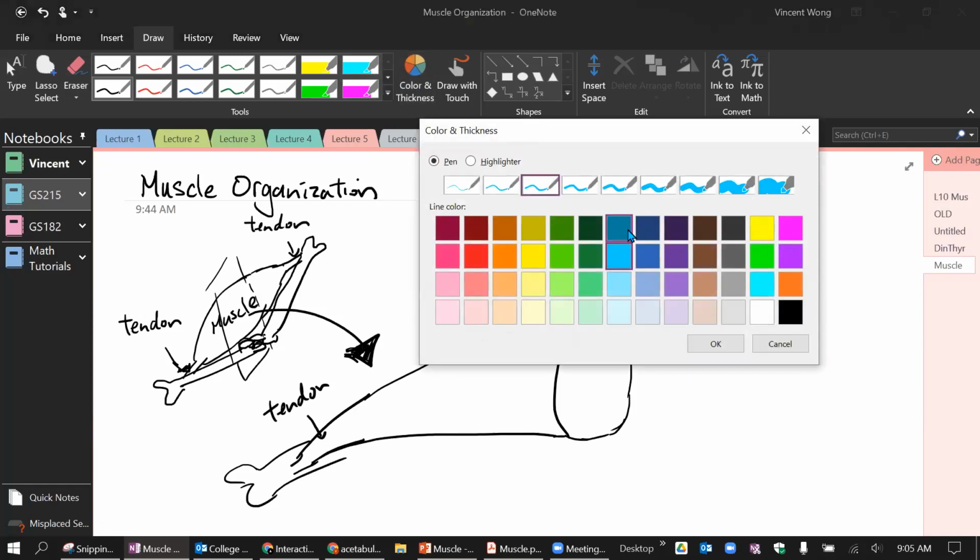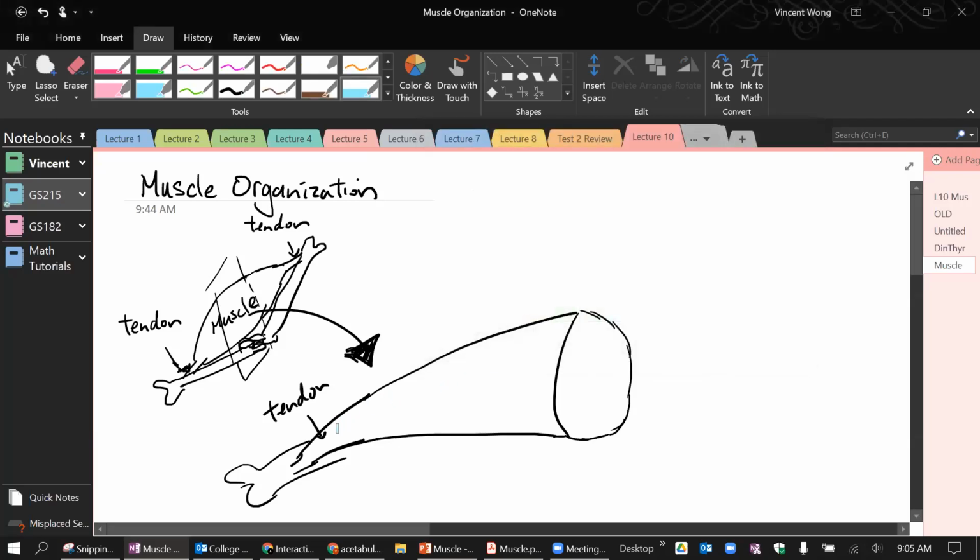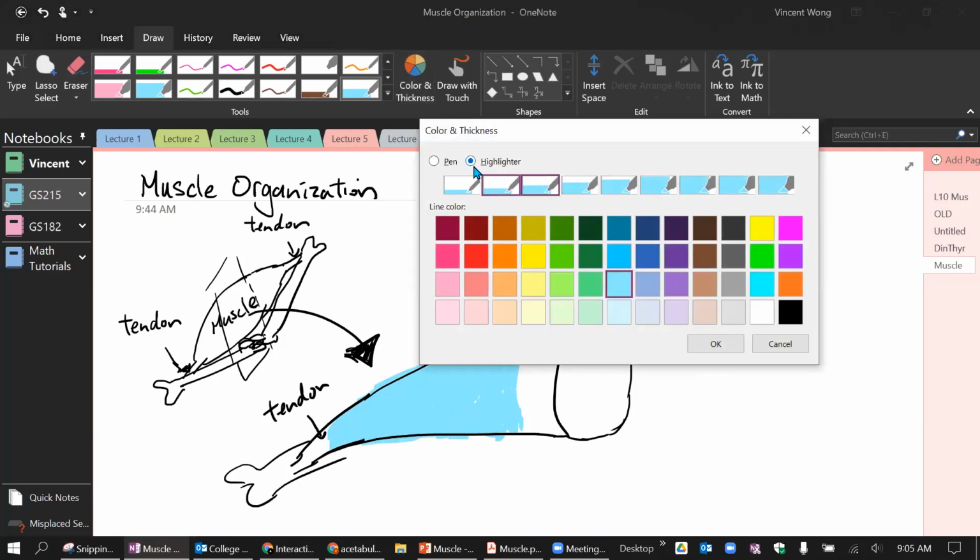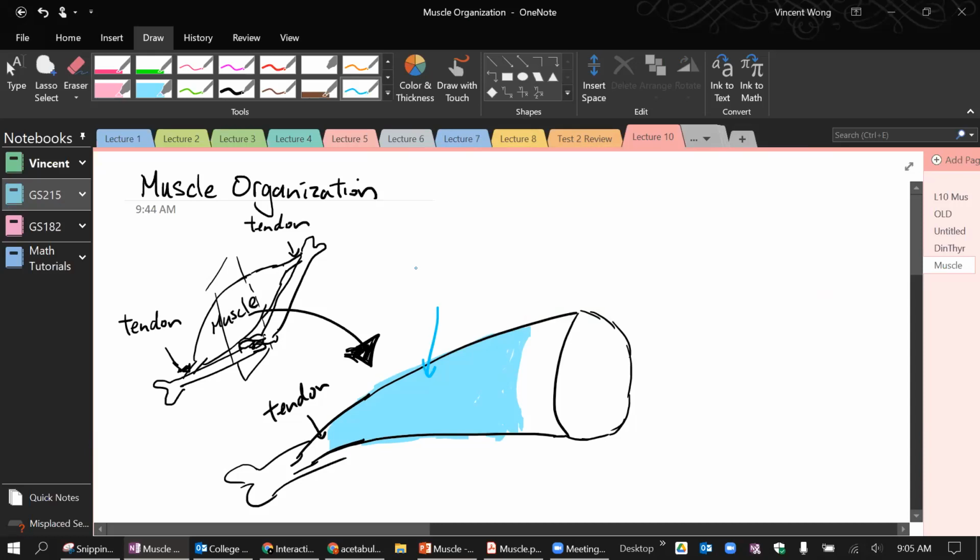Okay. The first thing we're going to talk about is that the entire muscle is actually covered by a layer of connective tissue. I'm not going to color all the way in over here; I'm going to tell you why later. I'm just going to color it halfway. The surface of it is covered by this connective tissue, and that is called the epimysium.